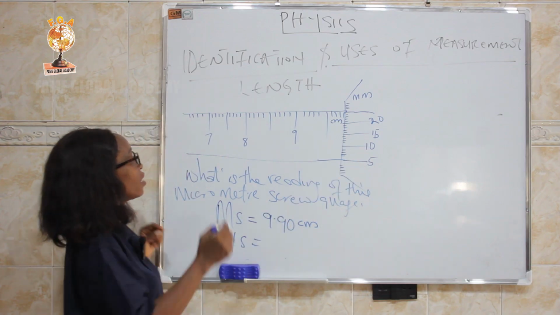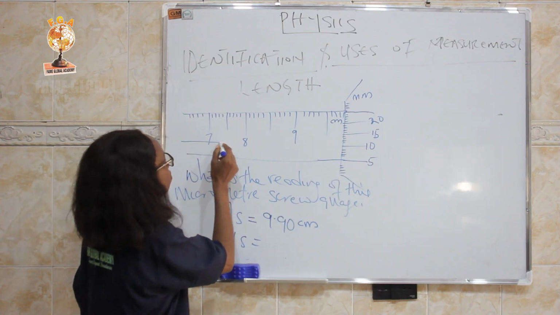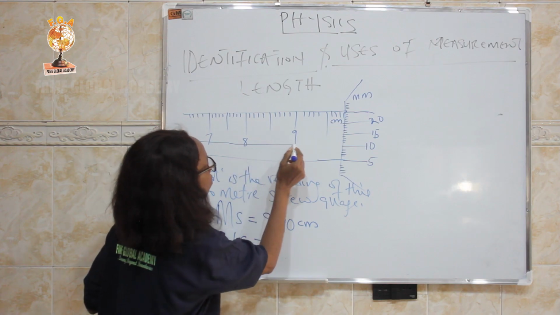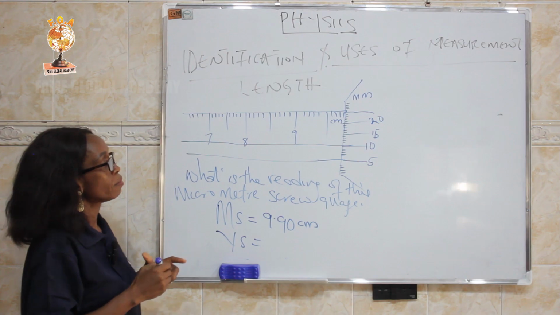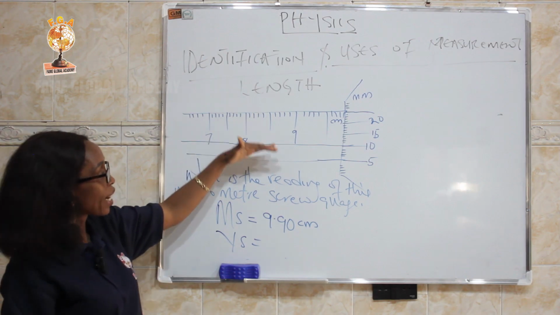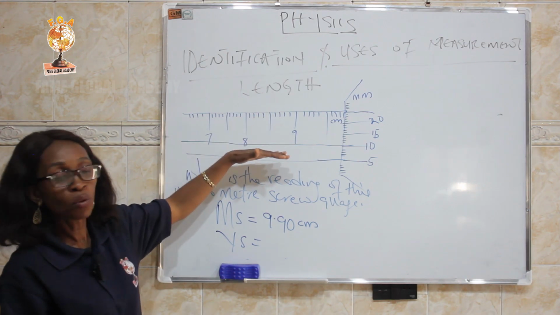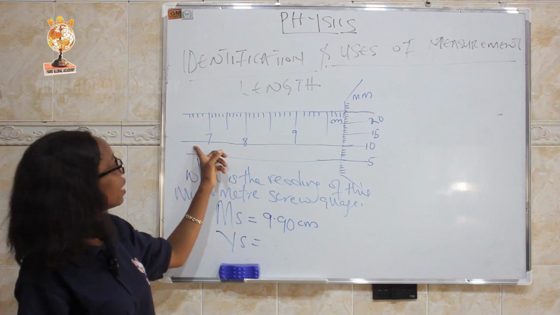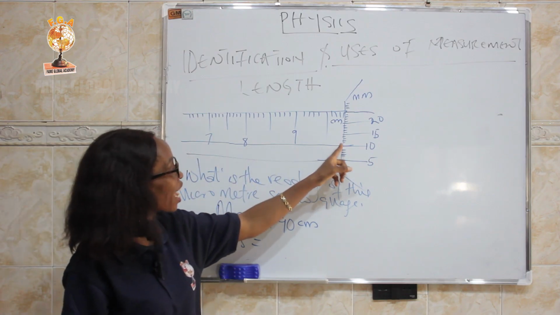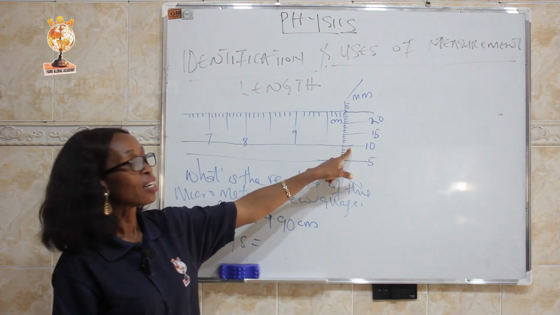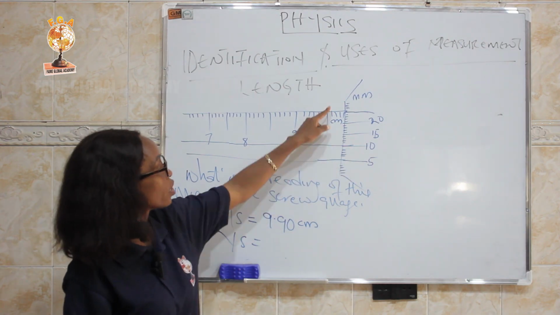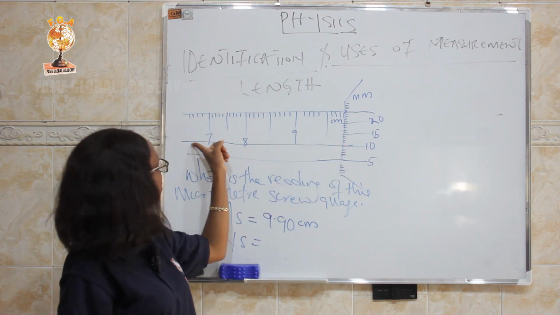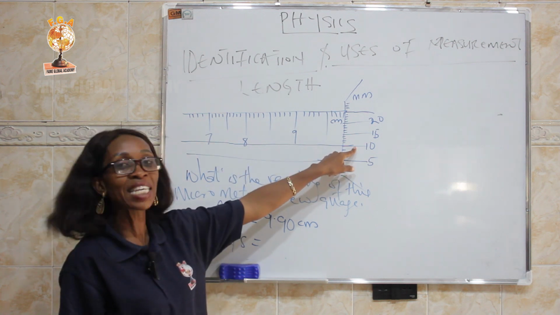There should be a line demarcating your literal. I have to check where that main line meets the vernier scale, and this central line is meeting at 10.